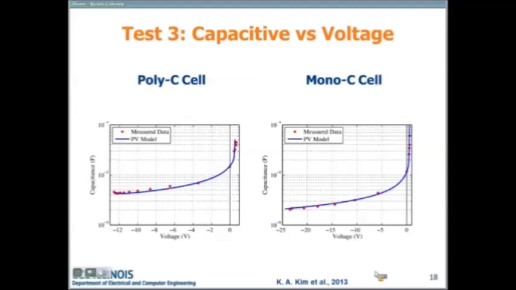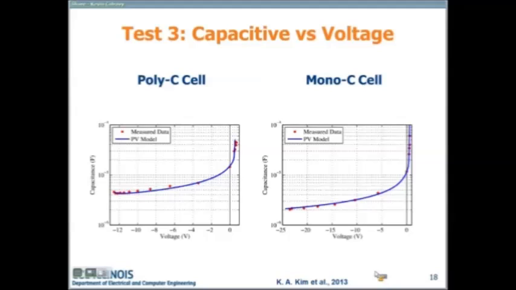The further you go this way, the hotter the cell gets, and we don't have a very good heat sink environment, so we're not able to really maintain a perfect temperature. So that's a limitation of our lab. But with this, we have the full nonlinear capacitance over the full voltage range.